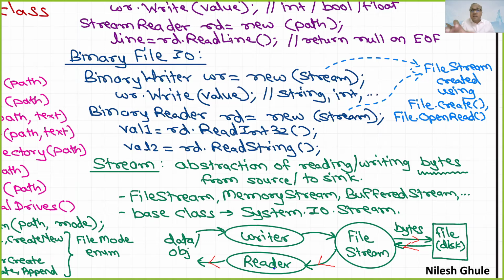And the binary reader, depending on the method, if we are using a method like ReadInt32, will convert those 4 bytes back to an integer. Or if we are using a method like ReadString, then it will read it as a string, and so forth. This is how internally text files and binary files are handled in .NET.